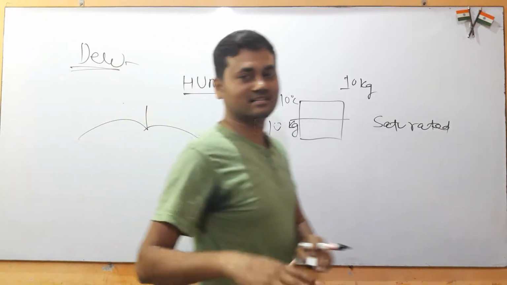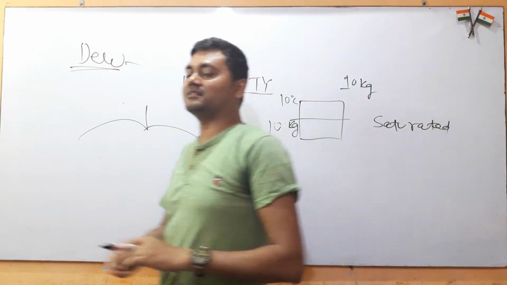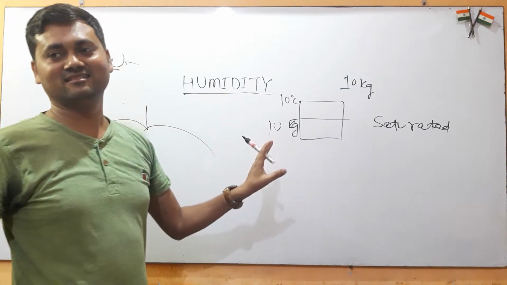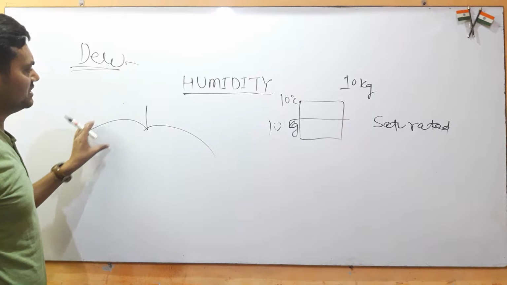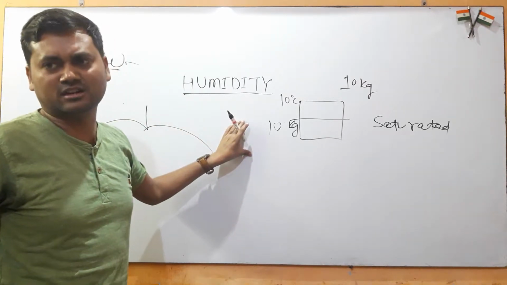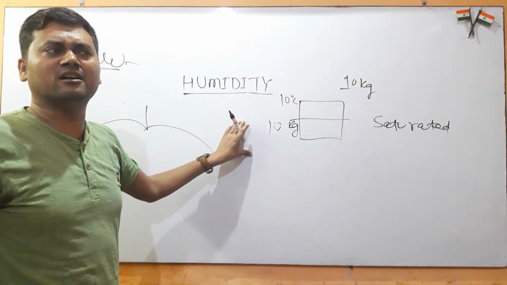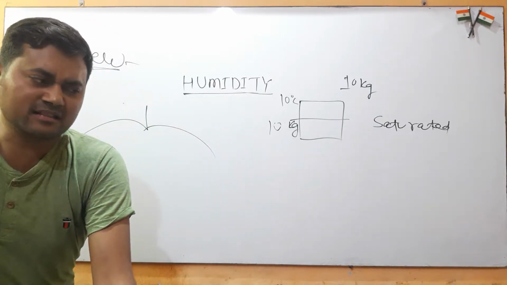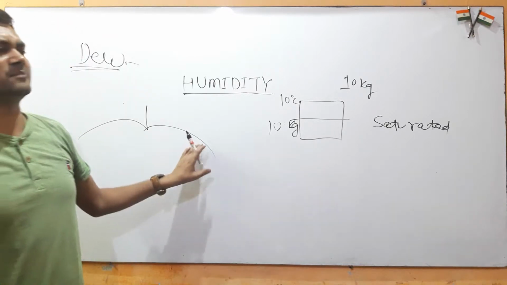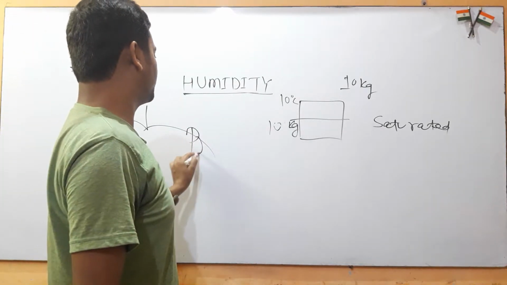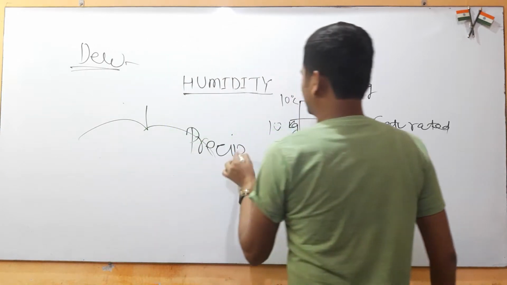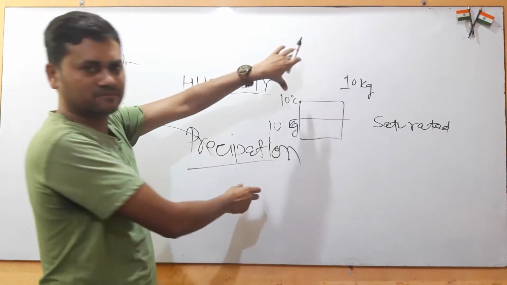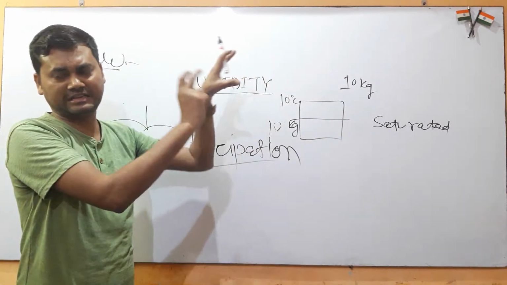So, as I told you, you can relate it to the vomiting, the form of condensation. Okay, so this is called dew. Some other forms can also be there, and those other forms you can relate with the word precipitation, because precipitation is very much related to this condensation, this saturated state.